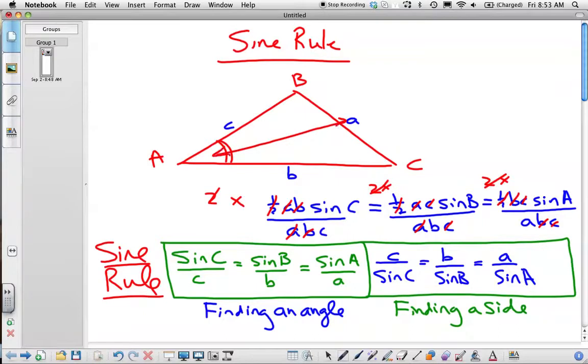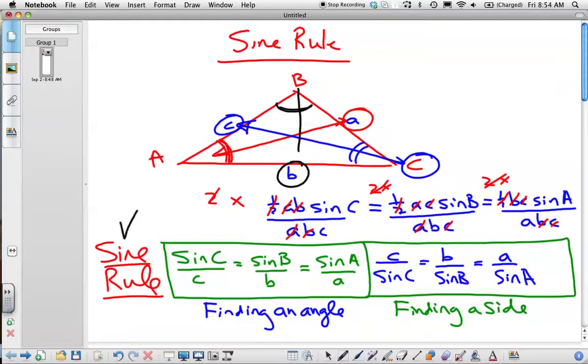If you have angle A and side a, or angle C and side c, or finally angle B and side b, where you've got a pair of a side and the opposite angle, then you'll find that the sine rule is often a good rule to use.